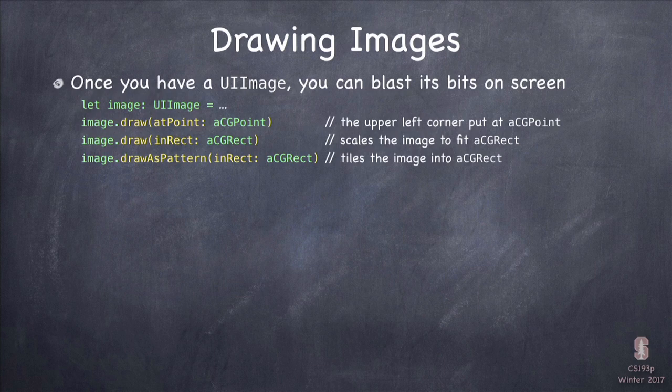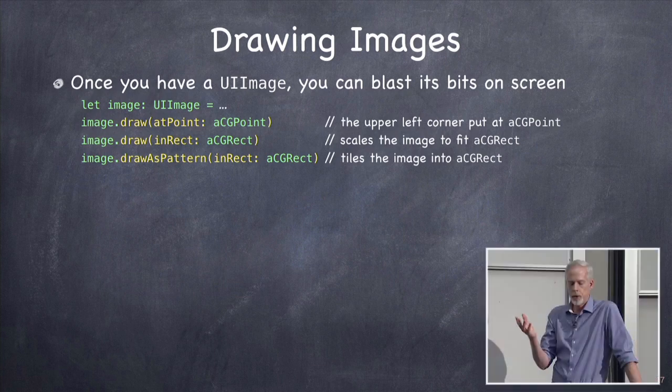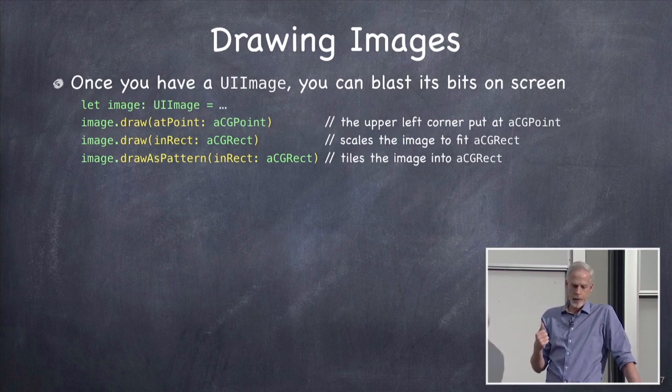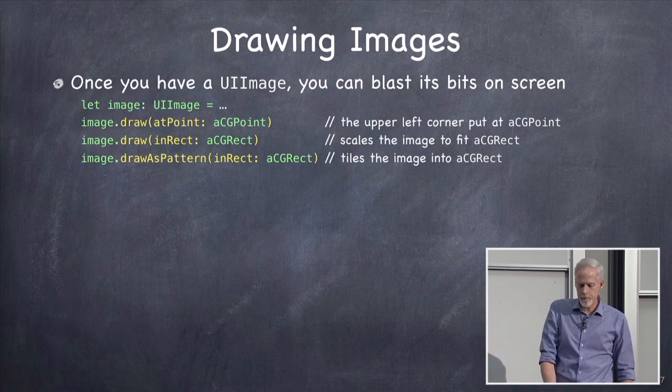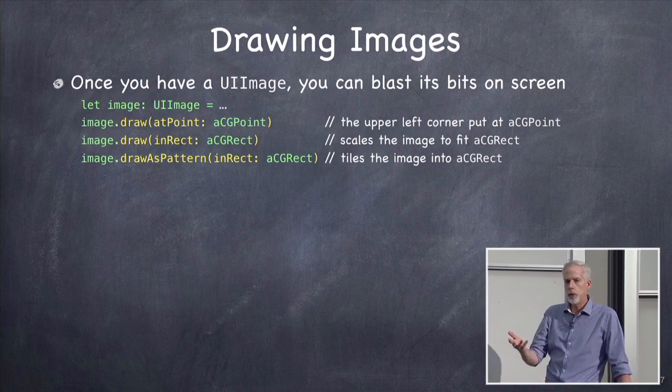Once you have an image that you got from any of these sources, you can just draw it inside your draw rect by saying draw(at:) or draw(in:). Actually, I think that's probably "draw at point", not "at point colon". And draw(in:) and drawAsPattern(in:). Those do kind of what you would think.